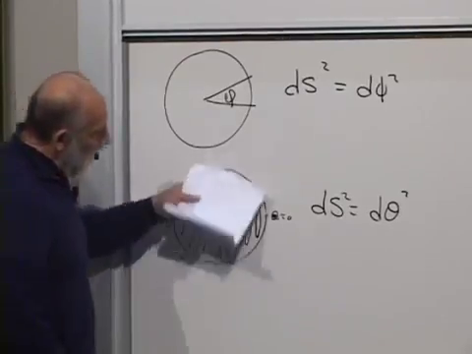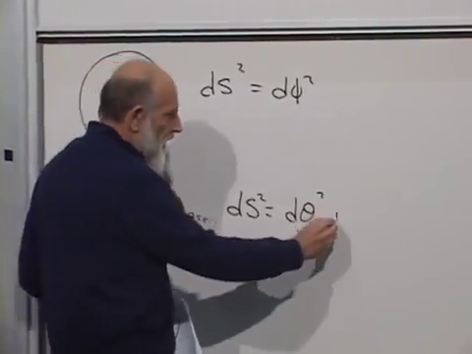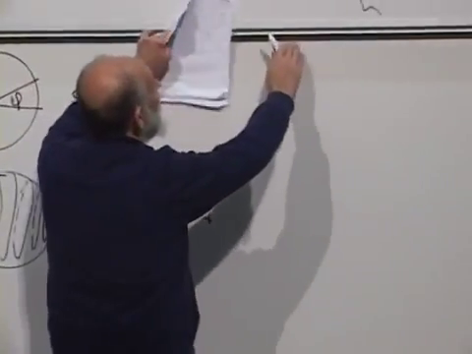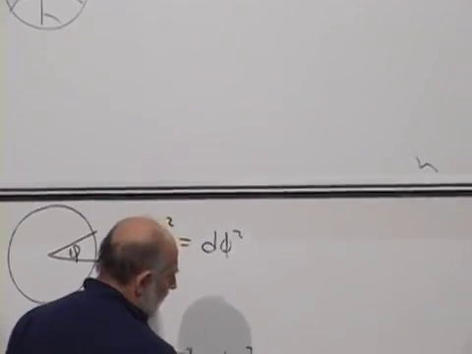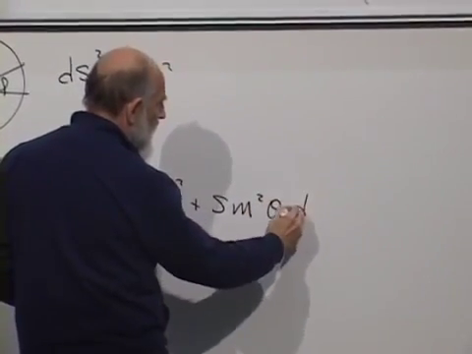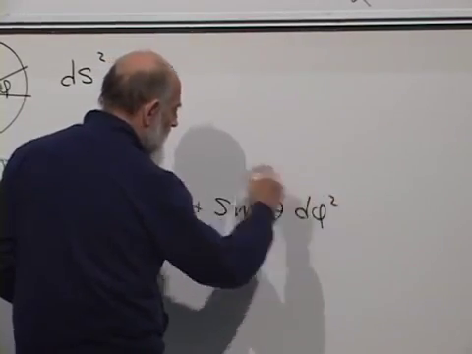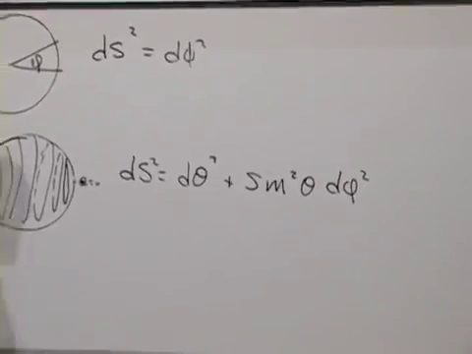So the radius of the circles, replacing this radius here, gives sine squared of theta d phi squared.